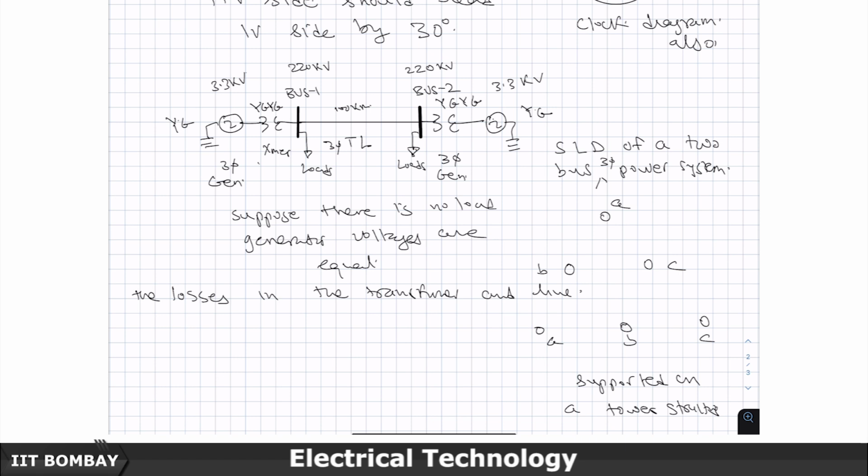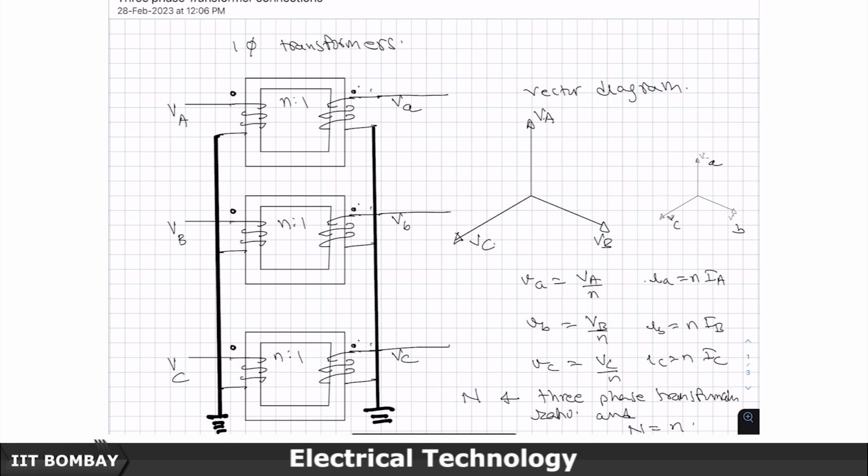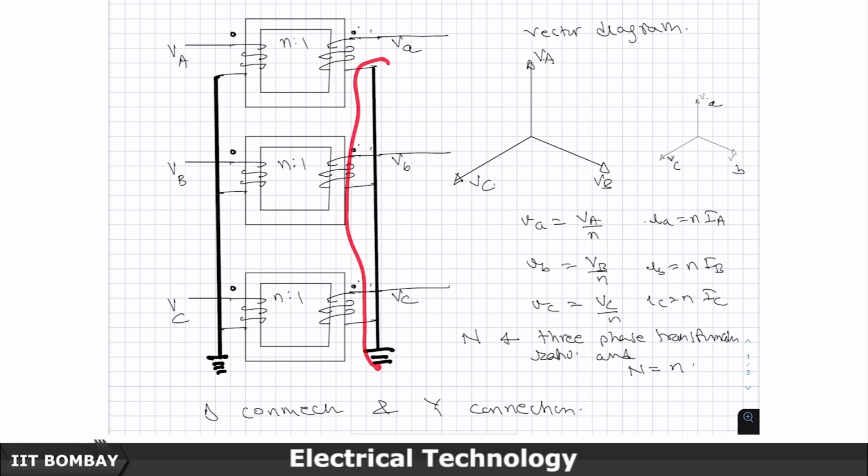But now imagine that I did a YGD connection here. That means, on this one side of this winding, I went for a delta connection.